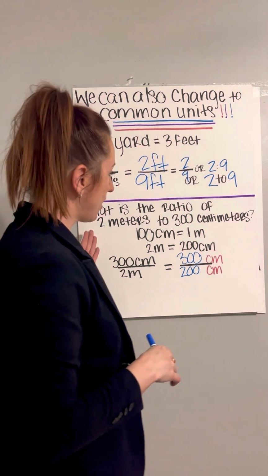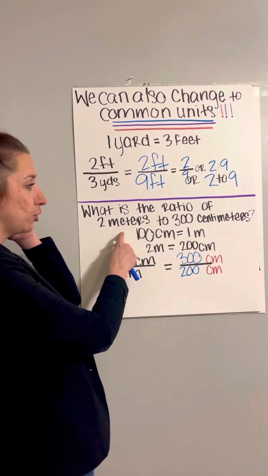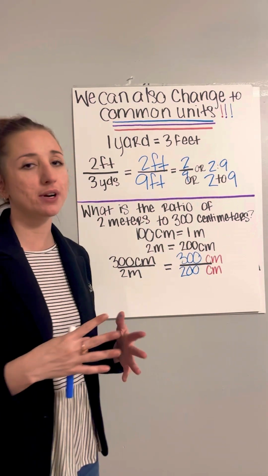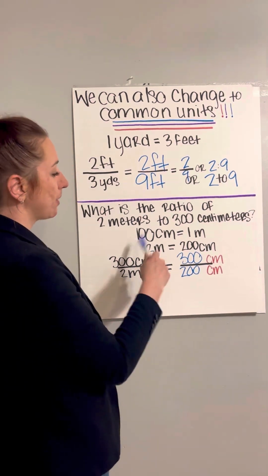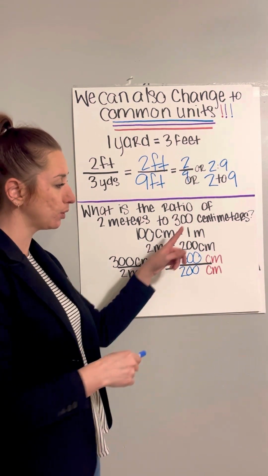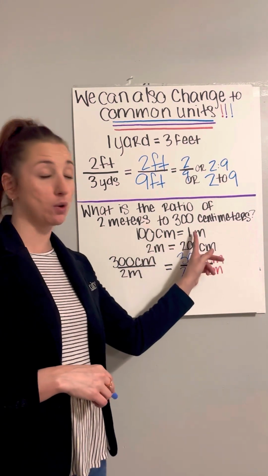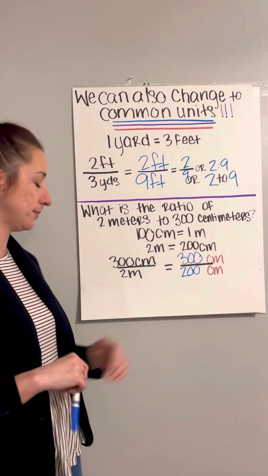So if we wanted to find the ratio of 300 centimeters to 2 meters, we would use our knowledge of unit conversion from the metric system. We know that 100 centimeters equals 1 meter. So 2 meters must equal 200 centimeters.